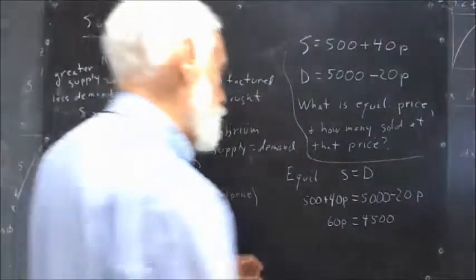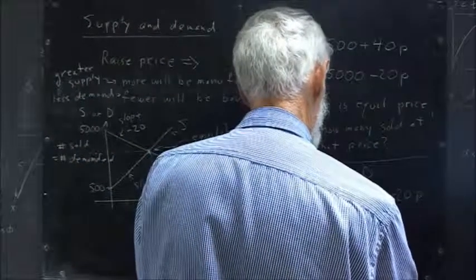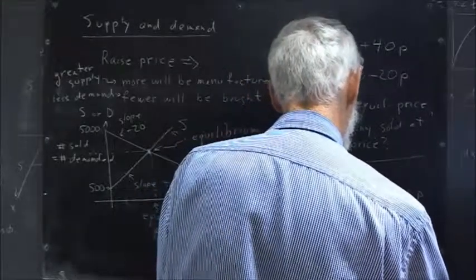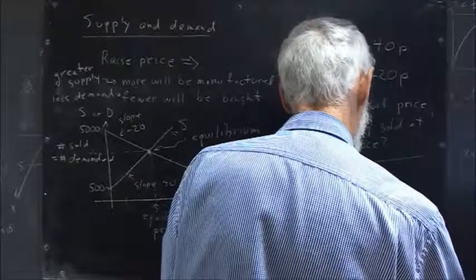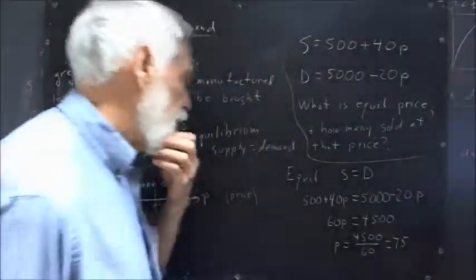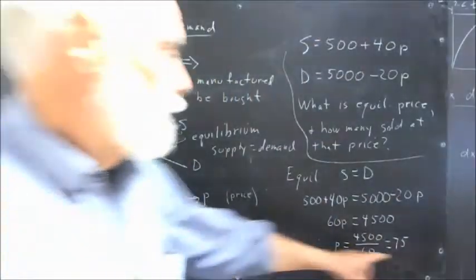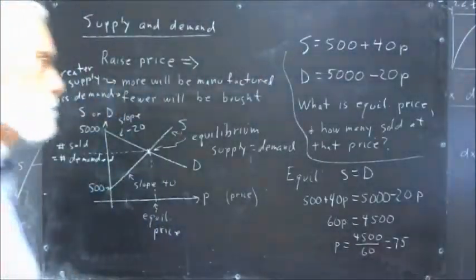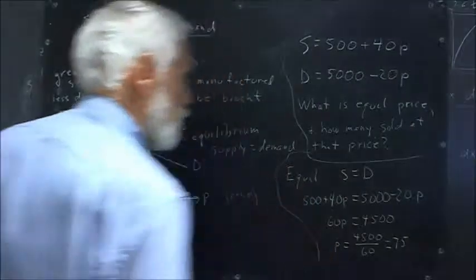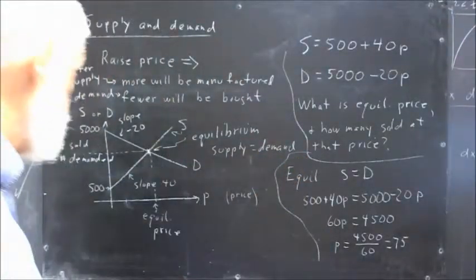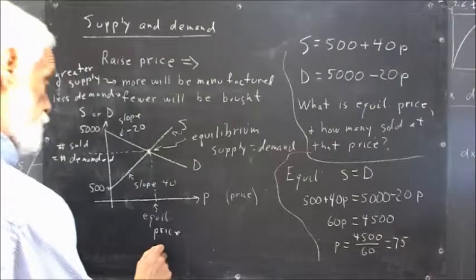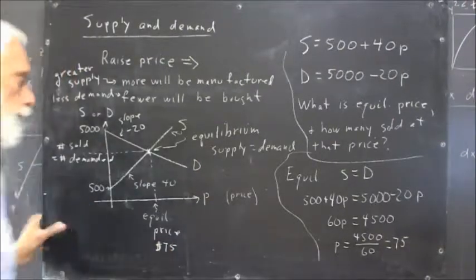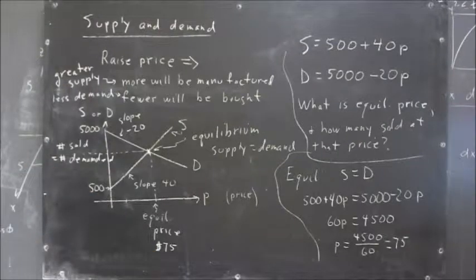And we find that the price is 4,500 over 60, which is 75. Presumably, that would be our selling price, let's say $75. So, by setting the two equations equal and solving them, let's just assume that the price is in dollars, so that's 75.